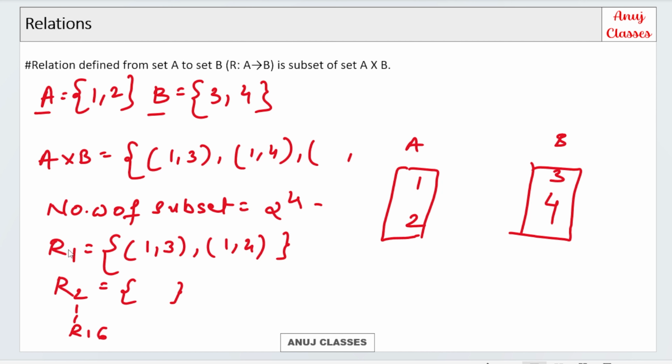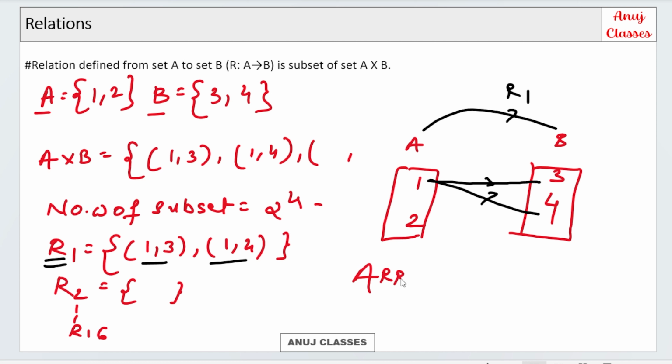Now if I see that my first relation R1 is (1,3) and (1,4), then I will say that this is my relation R1. So this is just a simple example of how we can draw the arrow diagram.